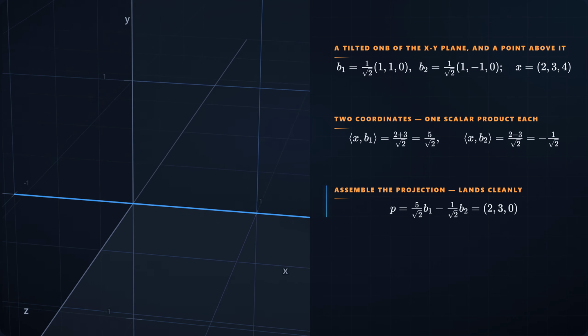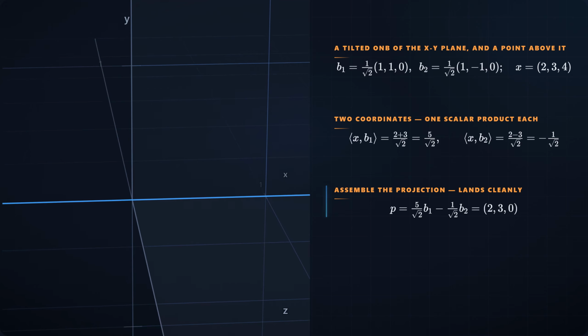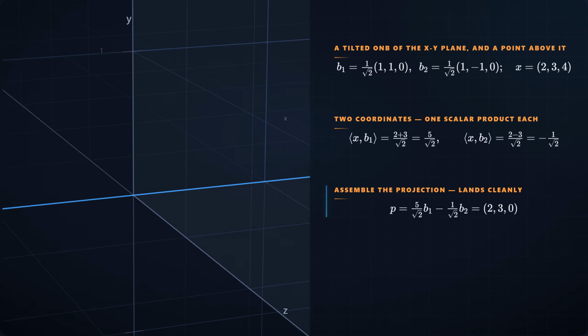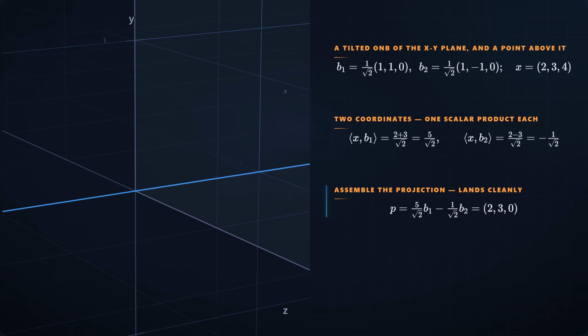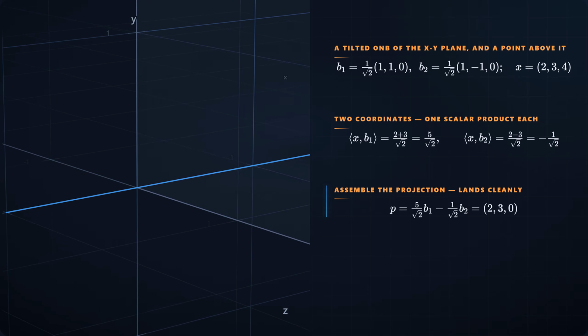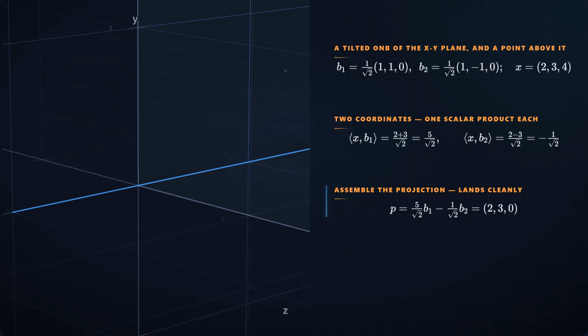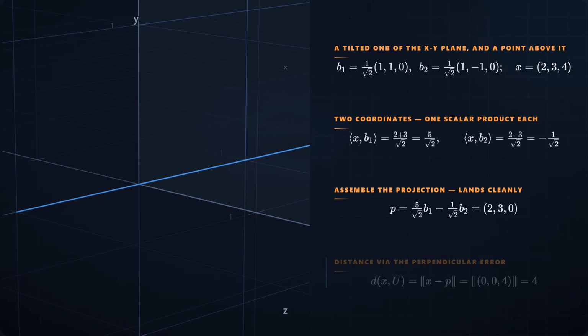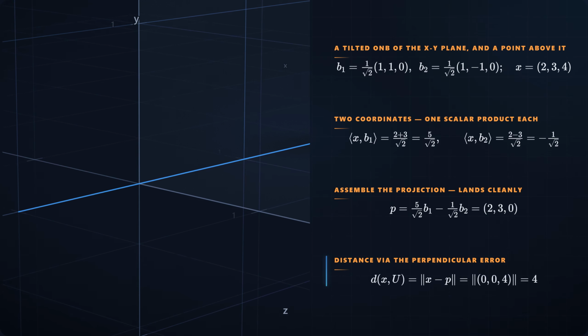Clean integers from a deliberately messy-looking basis. (2, 3, 0), that's just x with the z part knocked off. So the tilt inside the plane genuinely didn't matter. Exactly the point. The projection depends on the subspace, never on which orthonormal basis you describe it with. And the distance is the leftover perpendicular error, (0, 0, 4), length exactly 4. That's d of x to U. Coordinates, projection, distance, all from scalar products, and the answer is basis independent, as it must be.